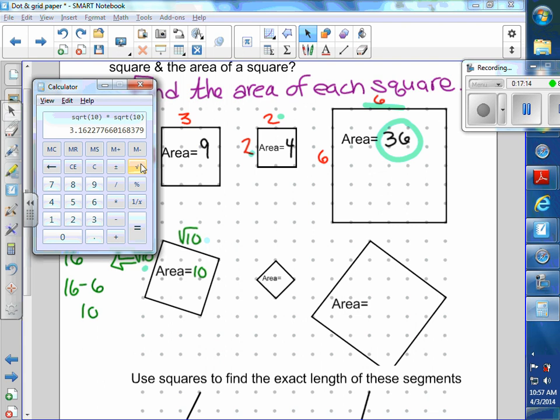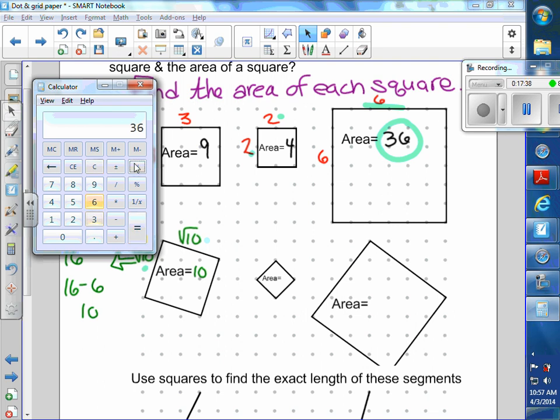What is it, Evan? 10. You guys see that? So, watch. The square root of 10 times the square root of 10 equals 10. I could do it with the numbers that you're more comfortable with.